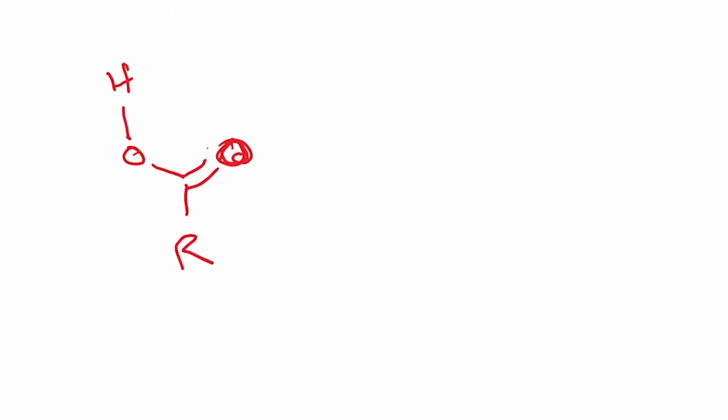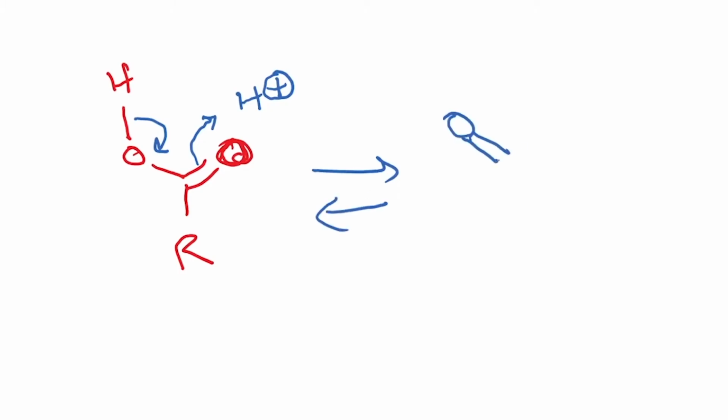Then you could think about the same process, which is reacting with an H plus and forming this, and it's going to be in equilibrium with the other tautomer. Although normally we don't think about it in this manner, indeed the conversion of one carboxylic acid form to the other is actually a tautomerism process.